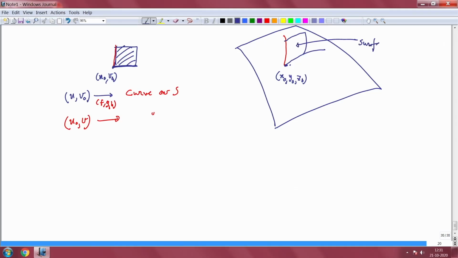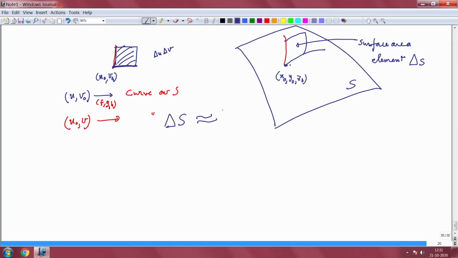I want to know the approximate surface area element. If I call this delta u delta v, and if the surface is S, that is my delta S. I want to have an approximation of delta S.